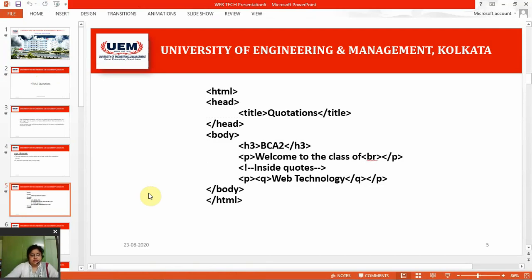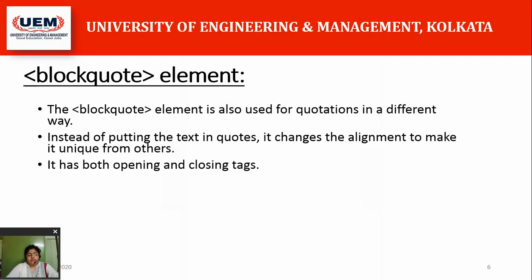Now the next element is the blockquote. The blockquote element is used for quotations in a different way. Instead of putting the text in quotation marks, it changes the alignment to make it unique from others. It has both opening and closing tags.